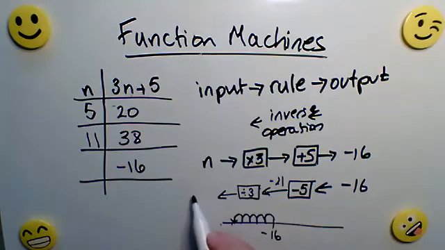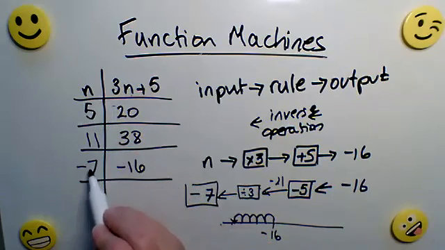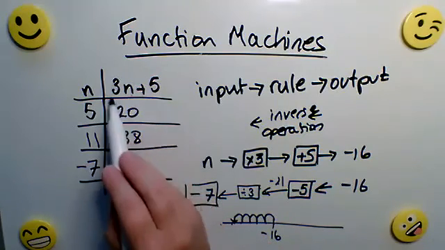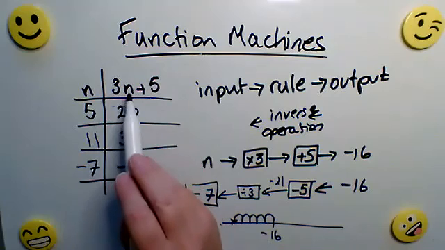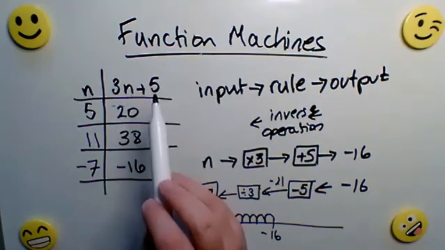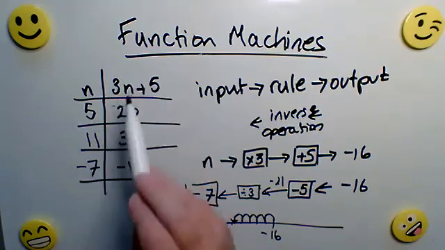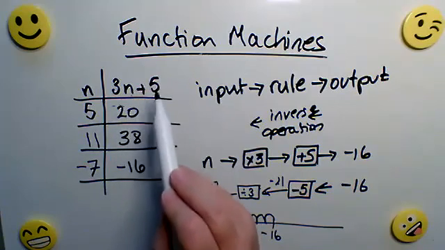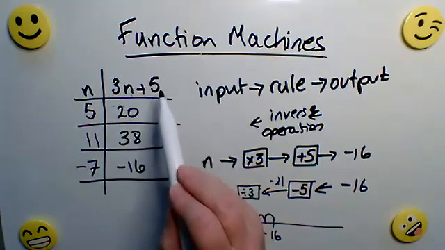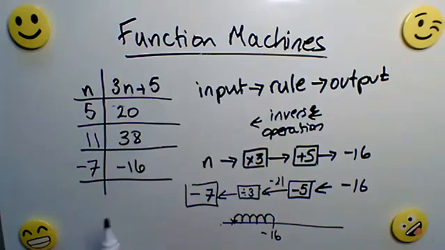So I know my answer is going to be negative, and 21 divided by 3 is 7. So the answer here, if I put negative 7 into this function, 3 times negative 7 is negative 21. And plus 5, getting 5 bigger than negative 21, does get me to negative 16.